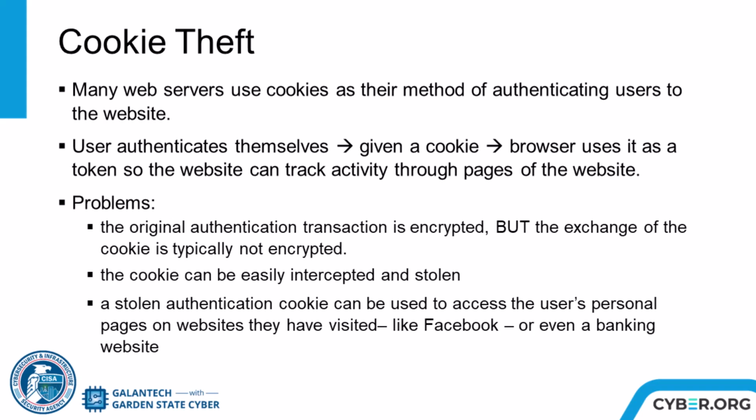Websites keep trying to make cookies more secure, but hackers keep coming up with ways to bypass those measures because cookies are just such a great target and they can be easily intercepted and stolen. A stolen authentication cookie can be used to access the user's personal pages on websites they have visited, like Facebook, or even a banking website.